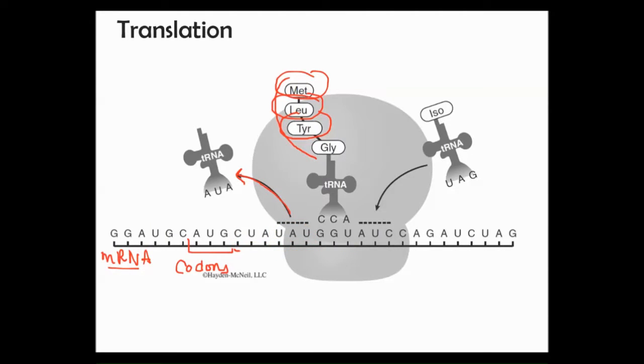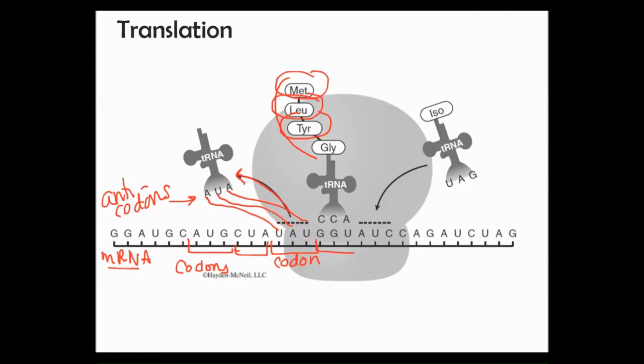So if we have in our messenger RNA our codon of UAU, what should be the anticodon that we have with transfer RNA? U goes with A, A goes with U, U goes with A. So that's correct. Let's look at the one that's in position now.